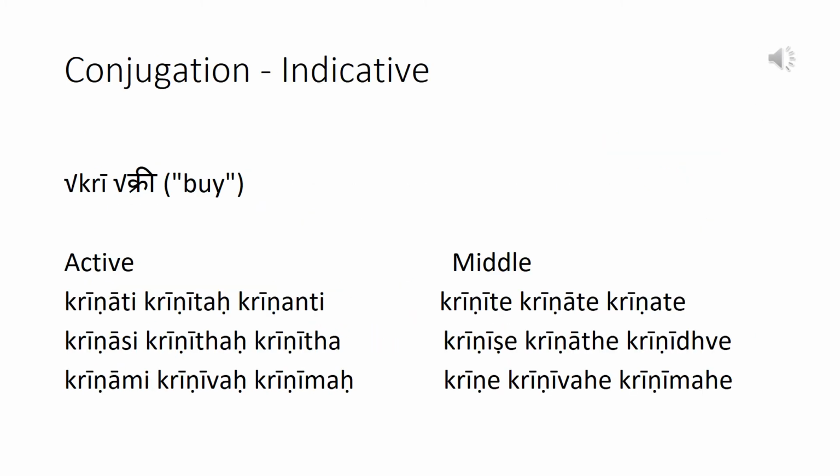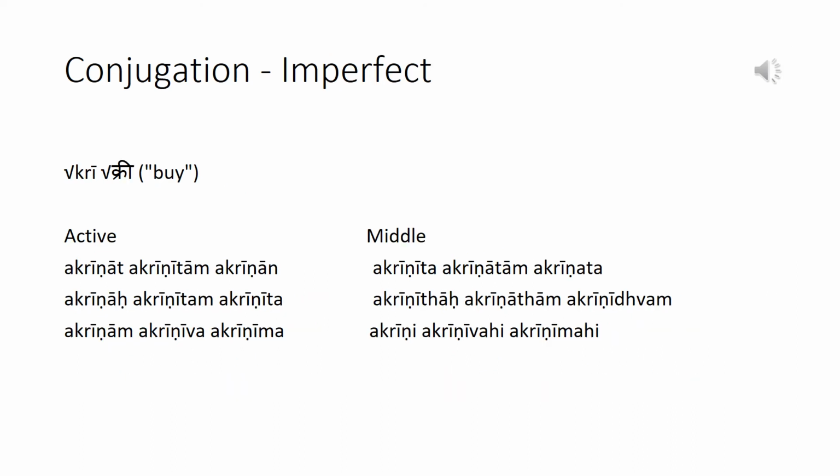Let us now look at some conjugation paradigms. The present indicative of the verb kri is given here. The imperfect.